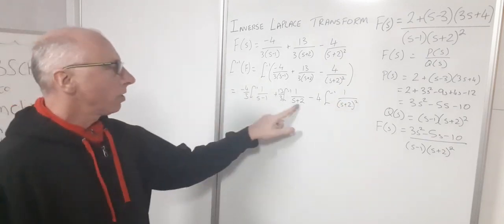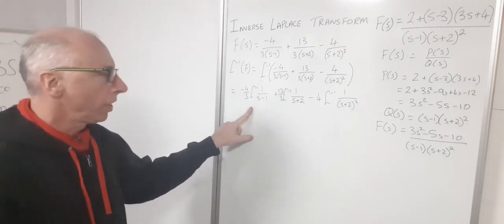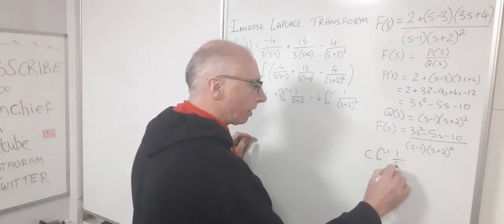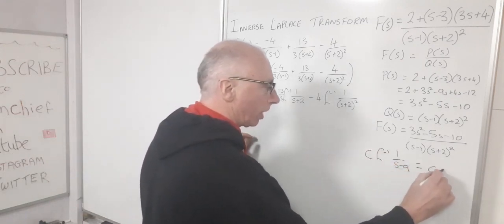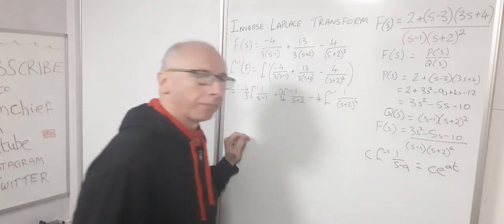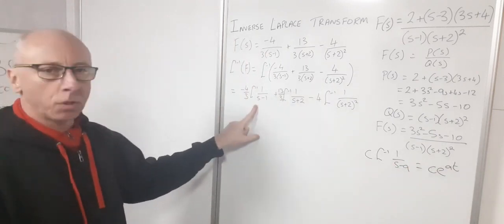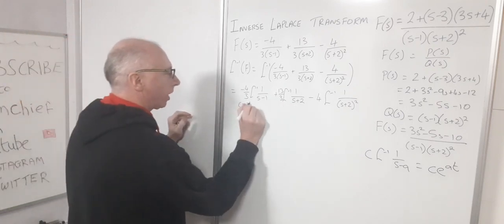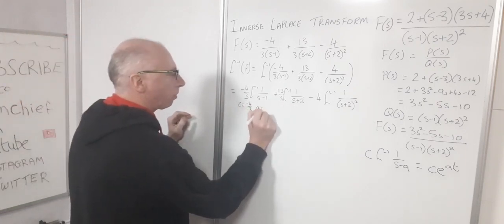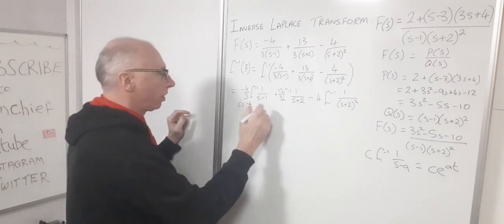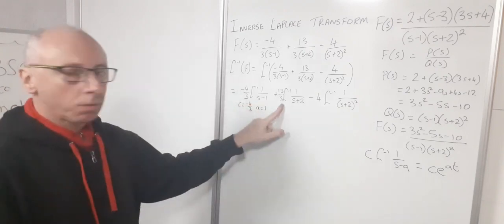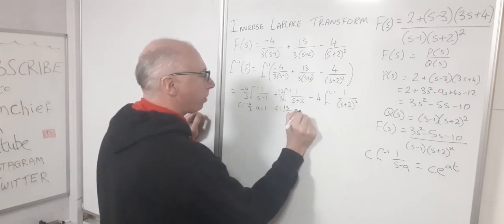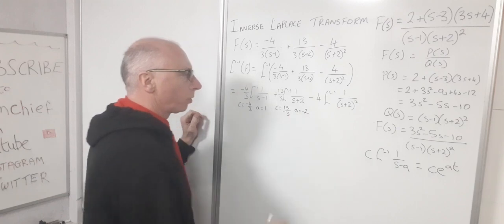Okay, now for these two here, our general result is c times the inverse Laplace of 1 over s minus a equals c e to the at. So these are in that kind of format. So looking at these, for this one here, c equals -4 over 3 and a will equal, well here it's just minus 1, so a equals 1. This one, c would equal 13 over 3 and a would equal, here we've got minus 2.